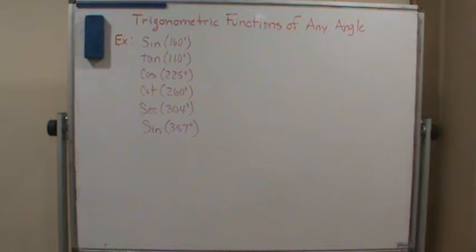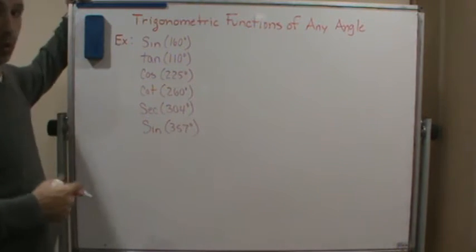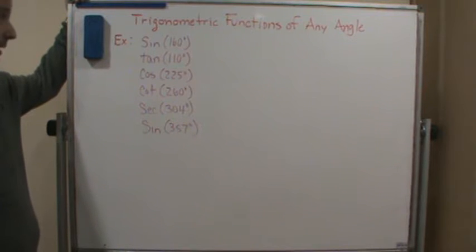So for the first one we have sine of 160 degrees. That puts us in the second quadrant, so this is sine in the second quadrant. That means we're going to subtract this from 180 to get our reference angle.